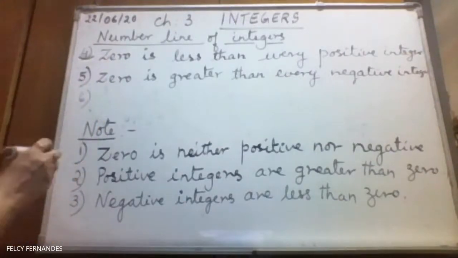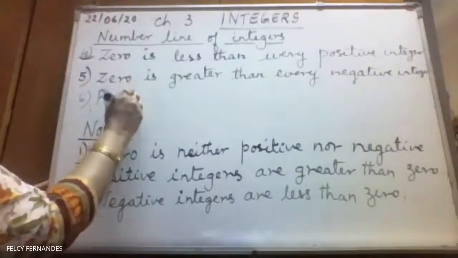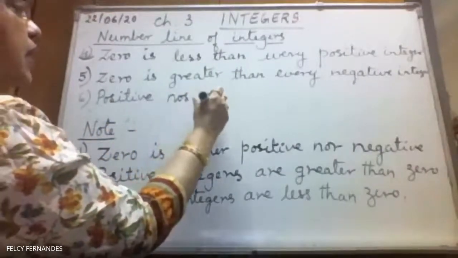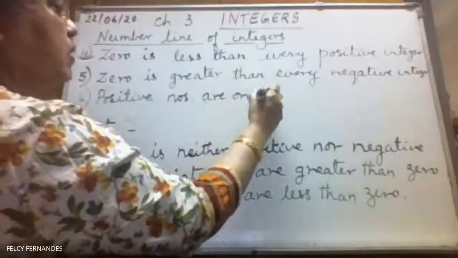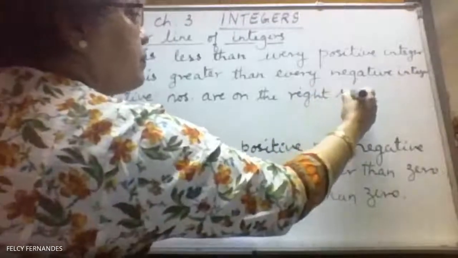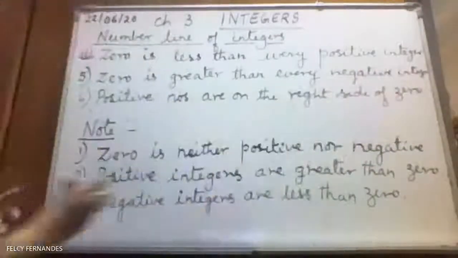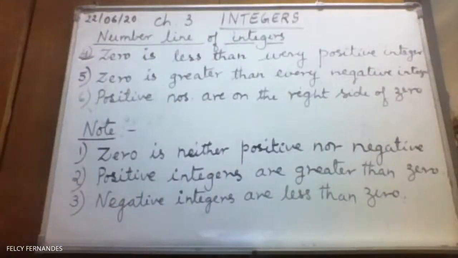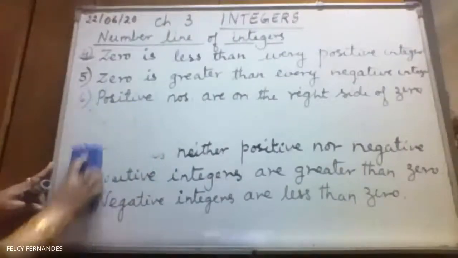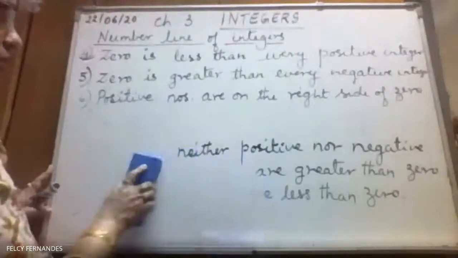Sixth point, positive numbers are on the right side of 0. Same way we can write for negative numbers.